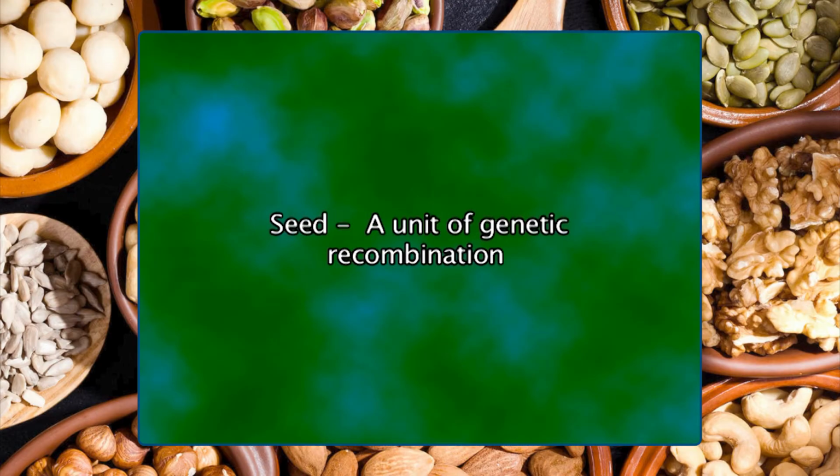This led to the formulation of the law of independent assortment of genes and characters. Since seed formation involves independent assortment of genes and characters and crossing over at the time of formation of microspores and megaspores and then random fertilization, the seeds are rightly regarded as a unit of genetic recombination.